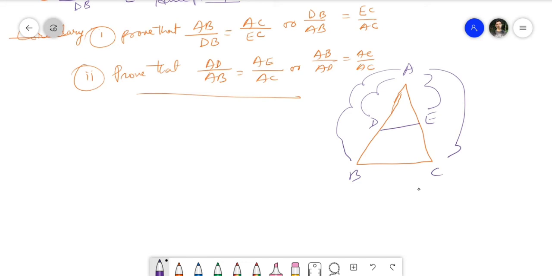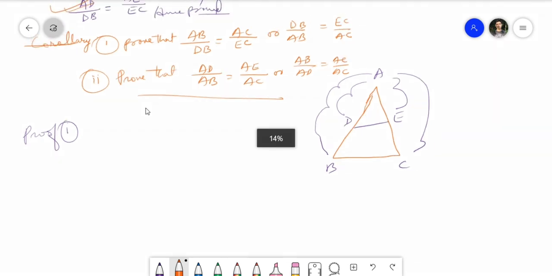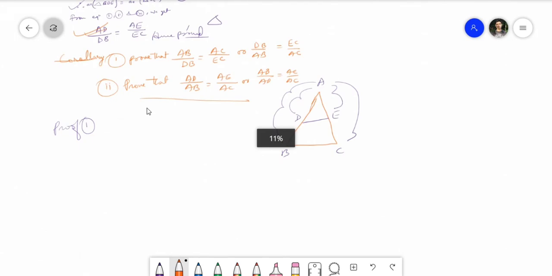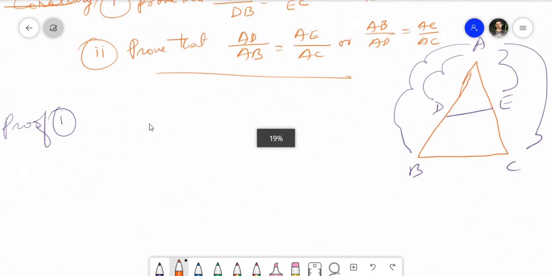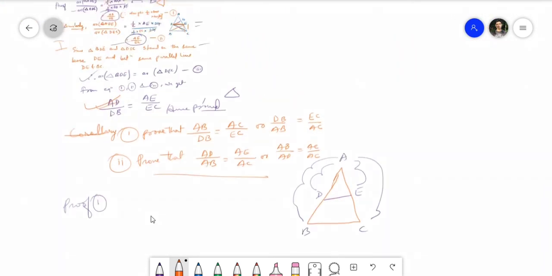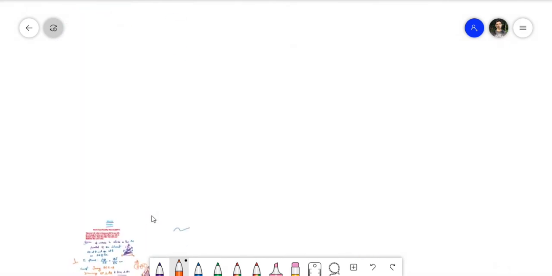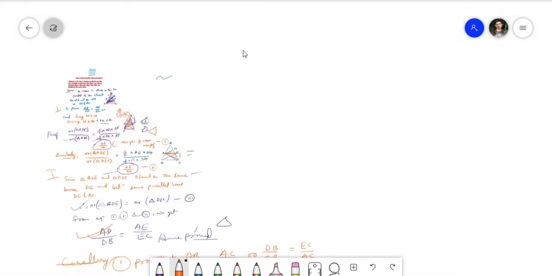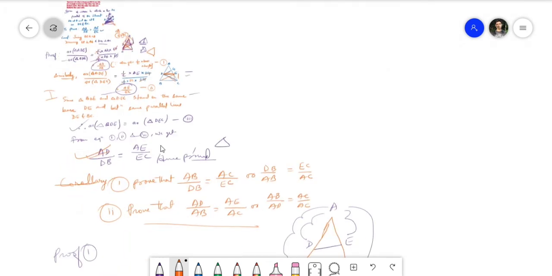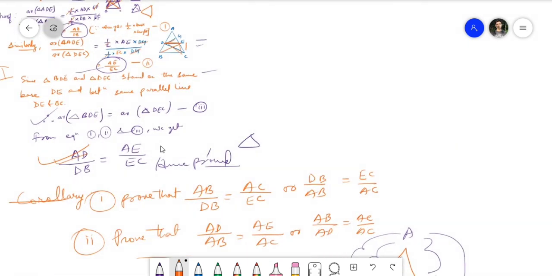So for proof 1, we'll take from equation 4, which we just proved. Let us suppose this is equation number 4.